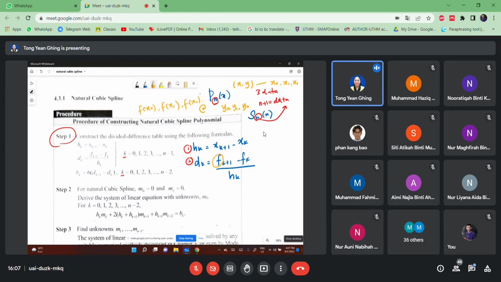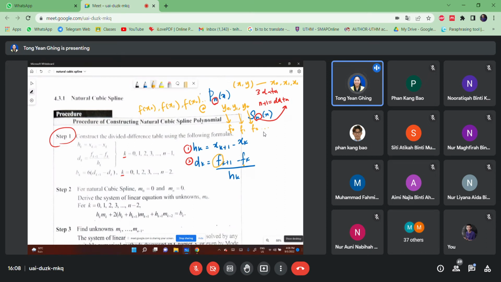But in this spline polynomial, we use the symbol f. So here, f0 means y0, and then f1, f2, and so on. Only the symbol is different, but it is the same thing.